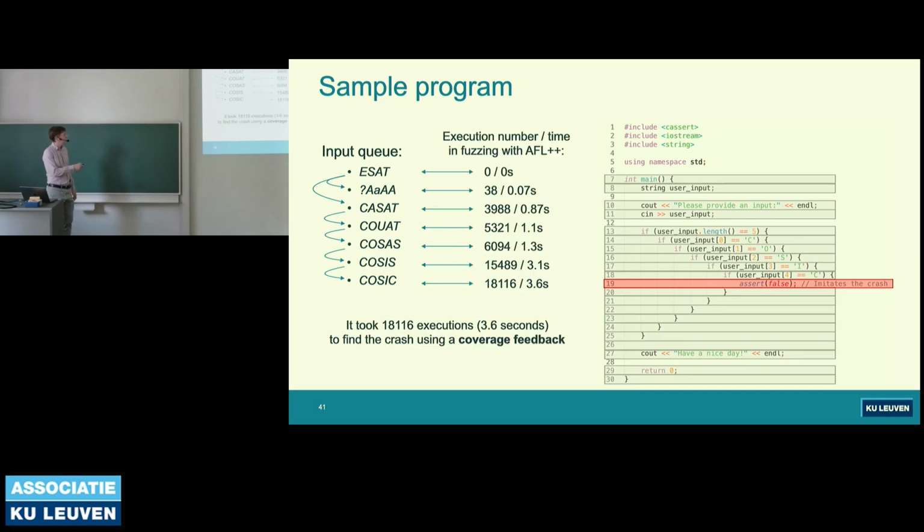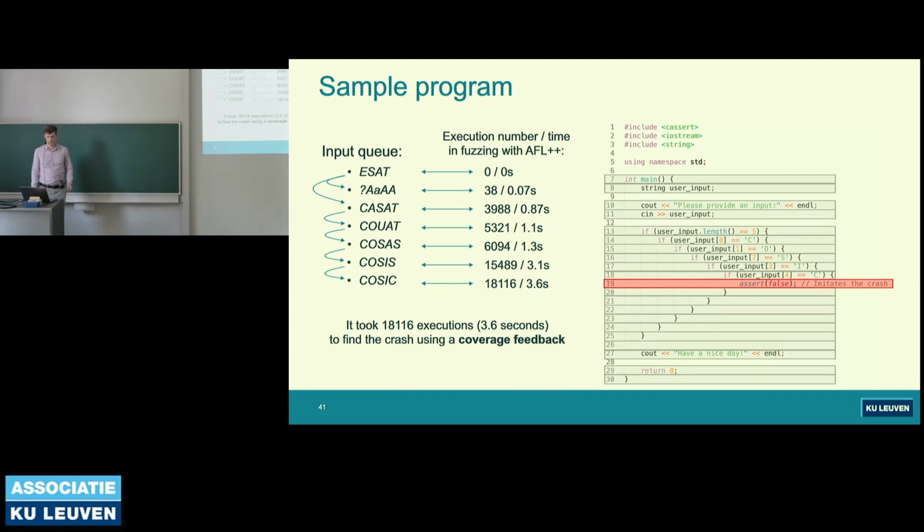The first column shows the number of executions prior to this input, and the second shows the timing. As you can see, in the beginning we have 0, and then towards the crash seed, we see that this crash seed was number 1,116, so around 1,800 inputs were tried before that, and it took only 3.6 seconds.